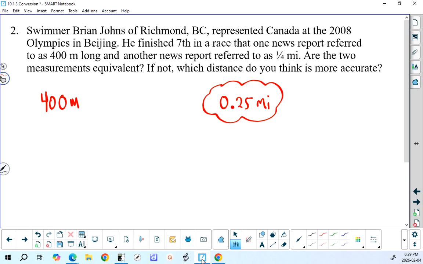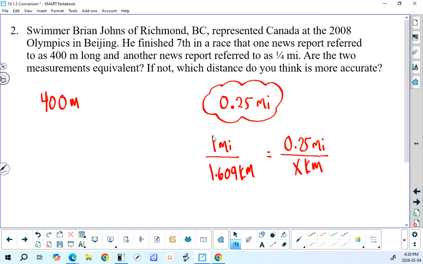So let's do that. 1 mile is 1.609 kilometers equals 0.25 miles over x kilometers. Cross multiplying, you get x times 1, which is x, equals 1.609 times 0.25.